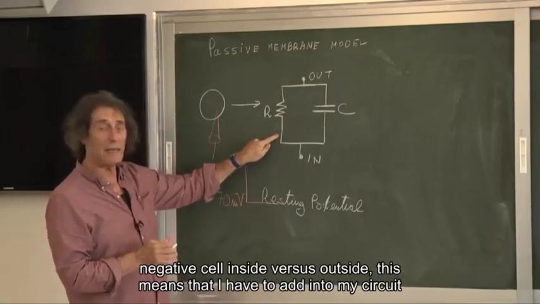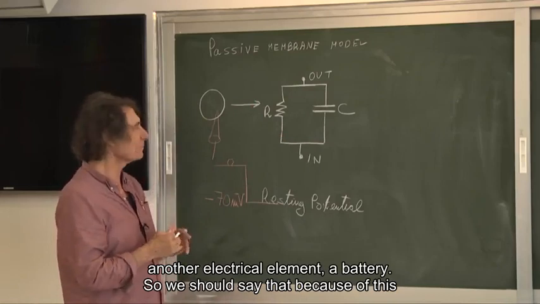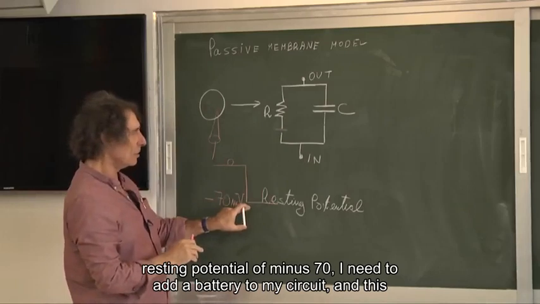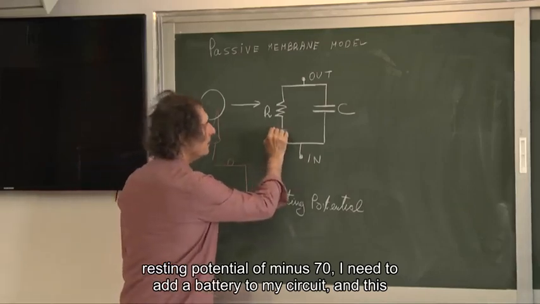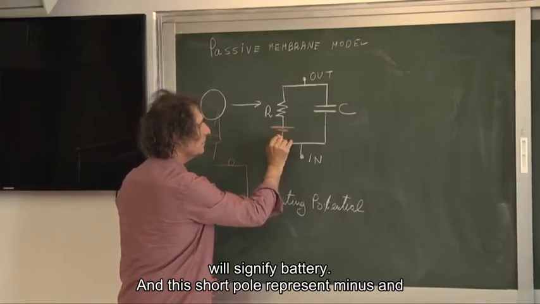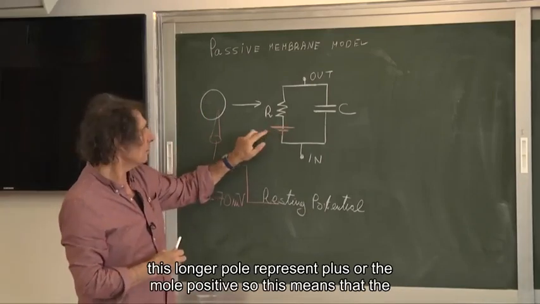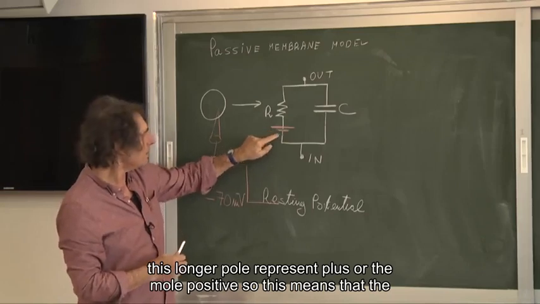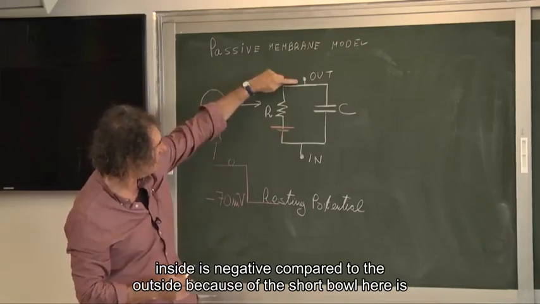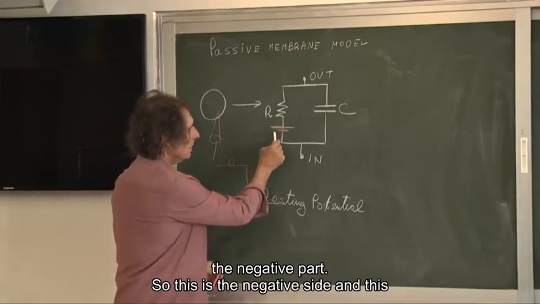This means that I have to add into my circuit another electrical element, a battery. Because of this resting potential of minus 70, I need to add a battery to my circuit. And this will signify a battery. This short pole represents minus, and this longer pole represents the plus, or the more positive. So the inside is negative compared to the outside, because the short pole here is the negative side.